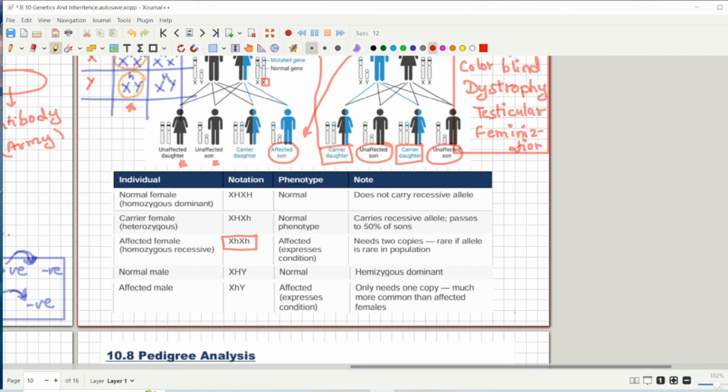If both father and mother contain the X-linked recessive trait, then the female would be affected; otherwise the female would always be a carrier. And for a male, being affected is really easy, because he contains only one X, and if that one X has the X-linked recessive trait, then he would be affected, either with hemophilia or color blindness. So that's why hemophilia is more common in males and less common in females.